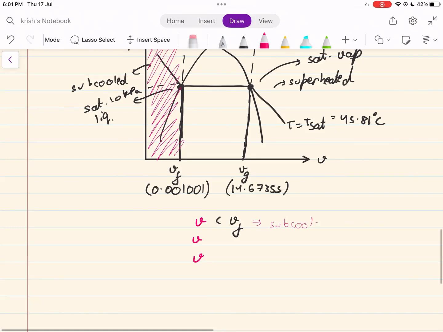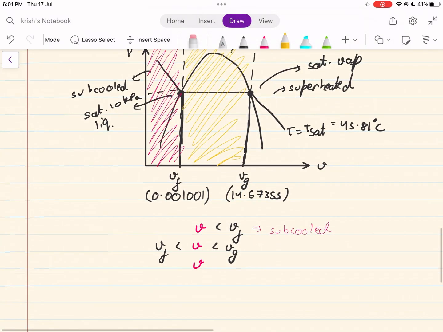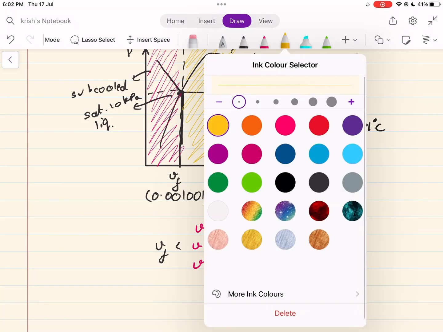It also must mean our substance is subcooled. If our V is between Vf and Vg, that means it must be lying in this region. And we know that this is the saturated mixture region, which means our substance is also a saturated mixture.